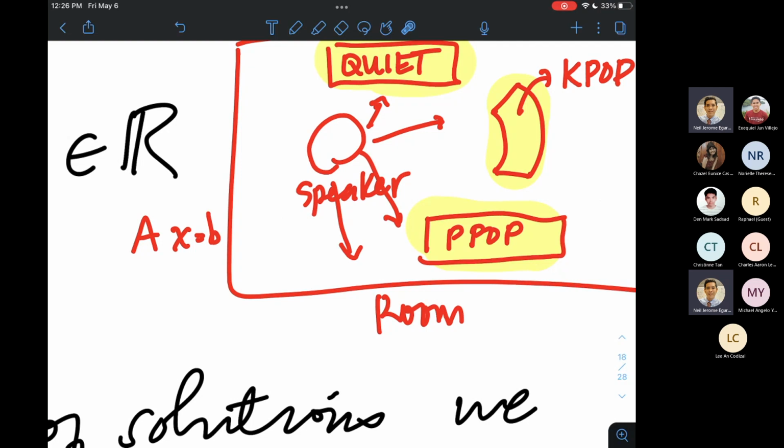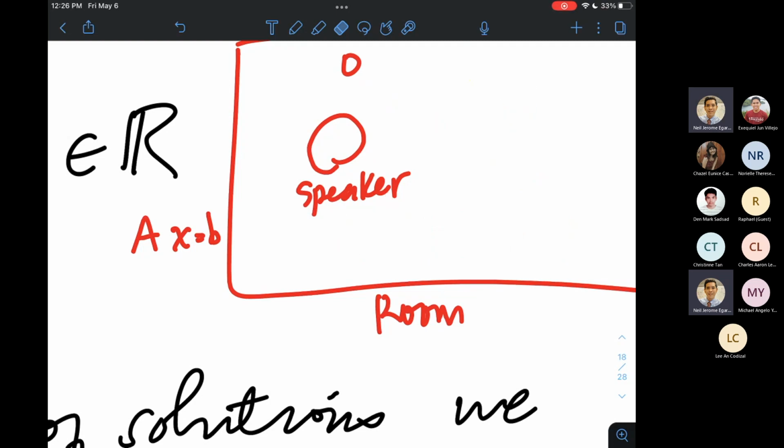Pero pag halimbawa, meron akong i-design na noise cancelling earphone. So, kung noise cancelling earphone yan, ang dapat mangyari ay ganito. So, halimbawa, ito yung active noise cancelling headphone.